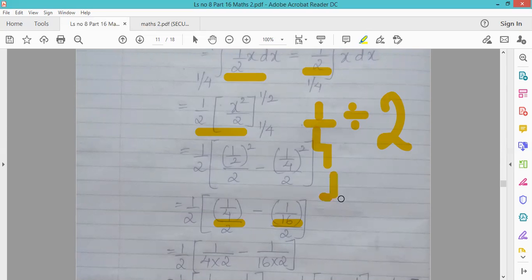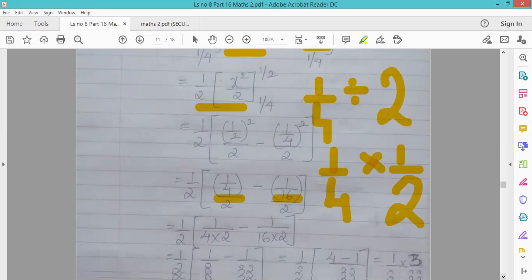So division gets converted into multiplication. So 1 upon 4 into, and the next one becomes its reciprocal. So understood how 1 upon 4 into 2 came. In the similar manner 1 upon 16 divided by 2 you will do, so 1 upon 16 into 1 upon 2 will come.